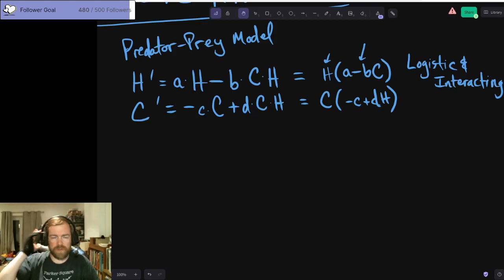I also worked with, for one of my projects in nonlinear differential equations, I added a third, which was a scavenger species. So what would happen if the predators, the prey, and the scavengers all existed within a certain area?